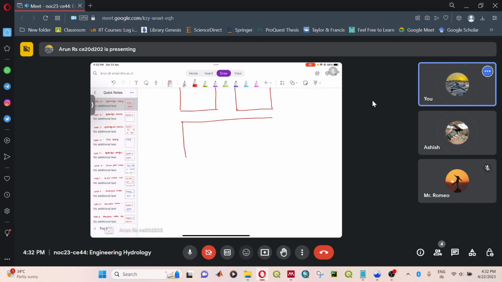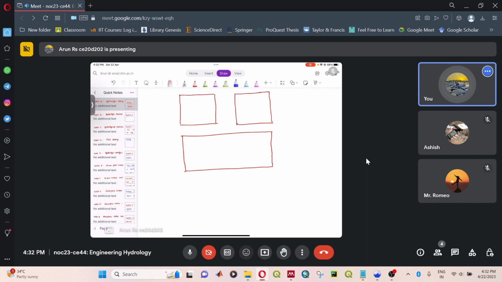And this is the third neighborhood. And this is the intersection point, and there is a storm drainage network which is present in this catchment. So I am naming them as A, B, C and D.